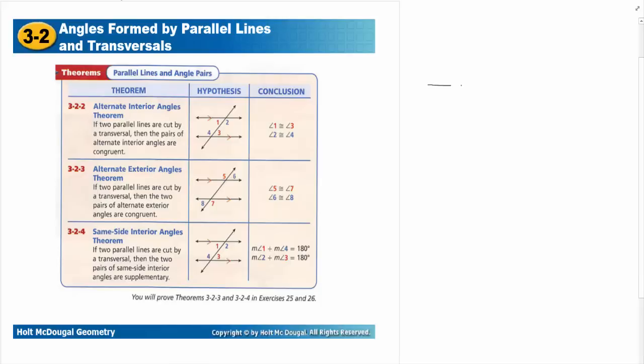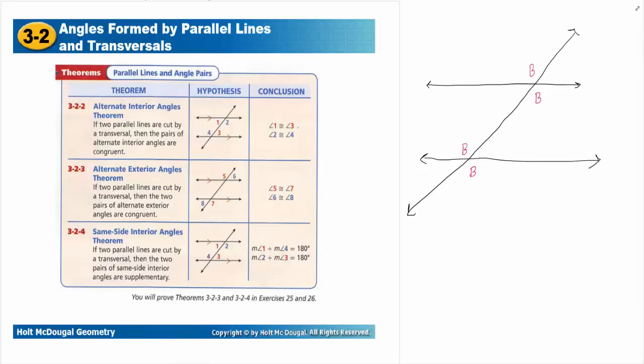Alright, so here's the shortcut. I'm going to draw two big old parallel lines and a transversal. And I'm going to label my angles as my big angles, and then I'm going to have my small angles, which I'll call S. Now here's the little trick that I like to use.